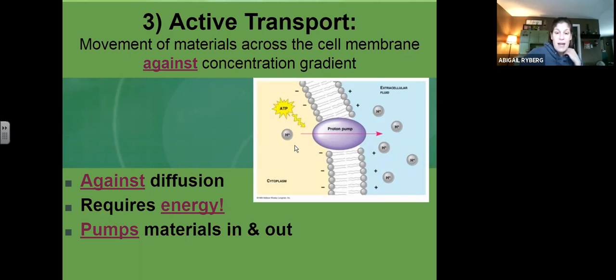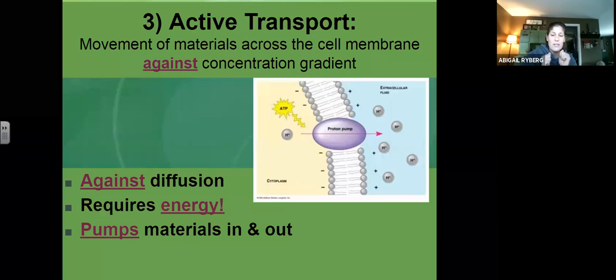For the first time, we have one little hydrogen being pumped to an area of much higher concentration of hydrogens. Because of that, it requires a boost, an input of energy, so the cell has to use energy. This goes against diffusion. It requires energy and it pumps materials in and out of the cell.